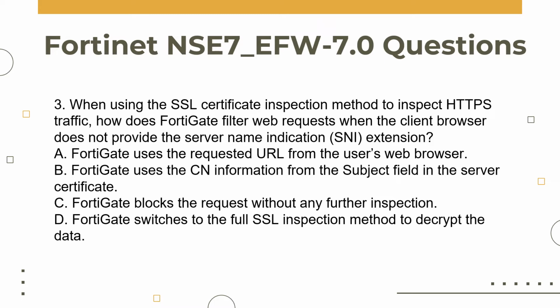B. FortiGate uses the CN information from the subject field in the server certificate. C. FortiGate blocks the request without any further inspection. D. FortiGate switches to the full SSL inspection method to decrypt the data.